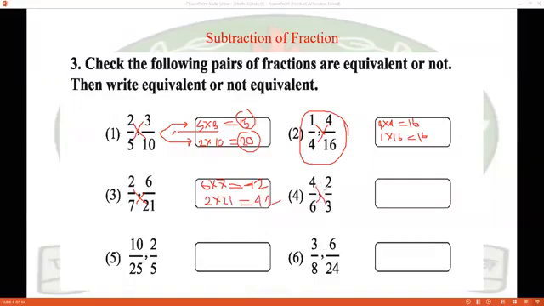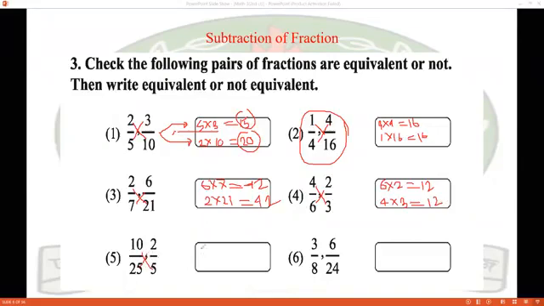Here multiplying crosswise, 6 into 2, we get 12, and 4 into 3, we get 12. So they give the same result. So they are equivalent fractions.